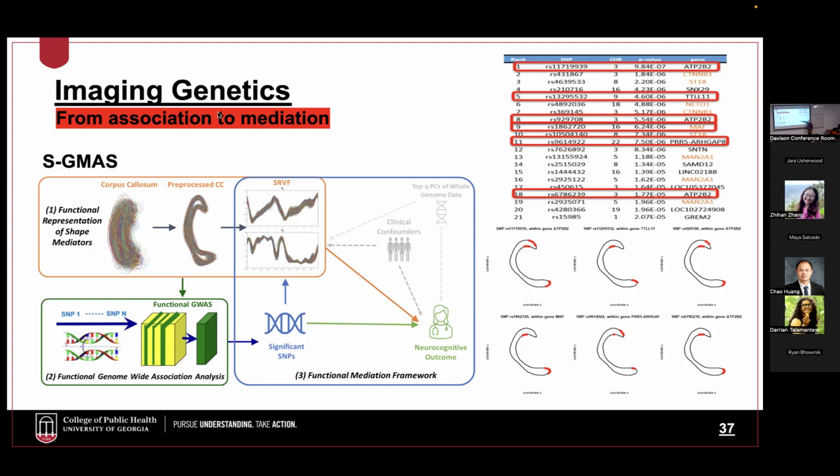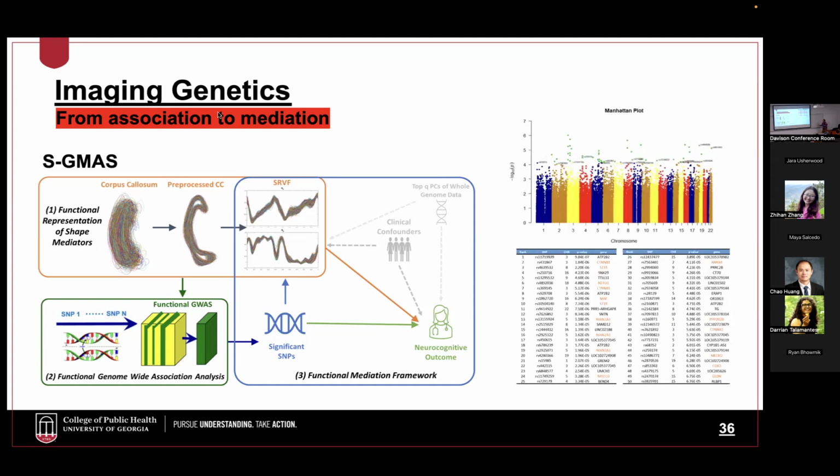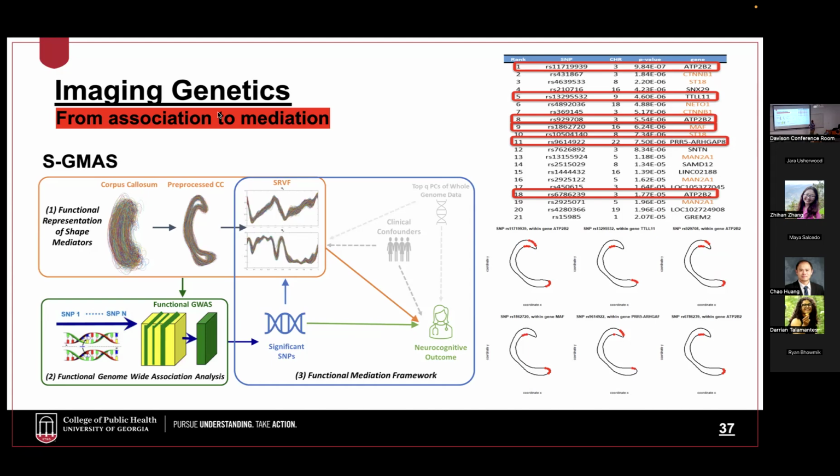Here we can also get a local analysis, finding the local areas that are significant in these pathways. Okay, but for this analysis, we used the clinical outcome ADAS11, which is a questionnaire typically used to evaluate the neurocognitive performance of patients.